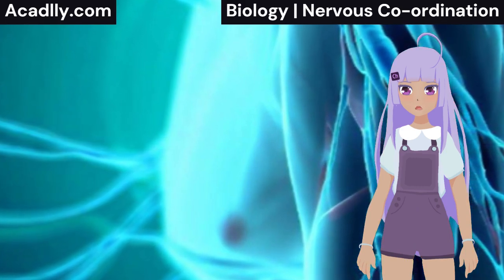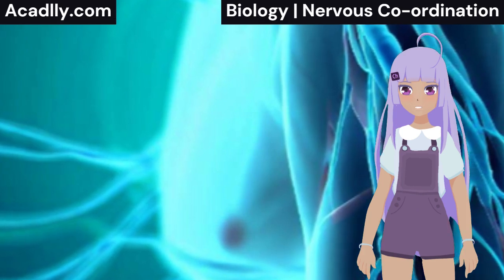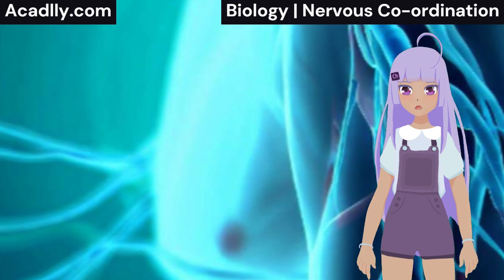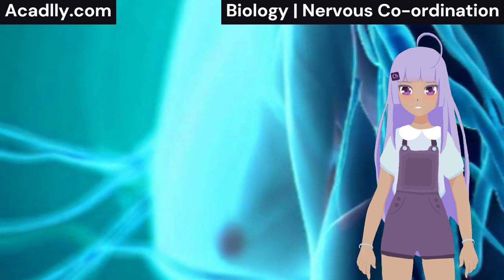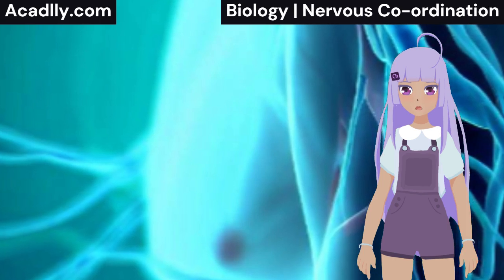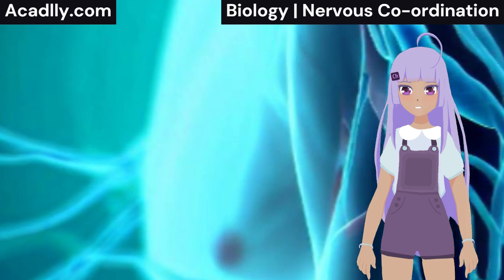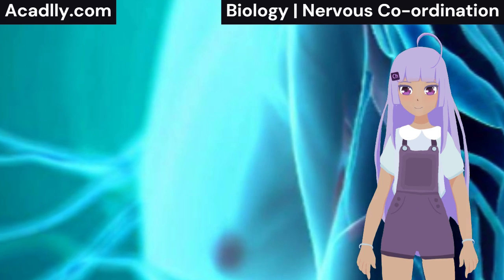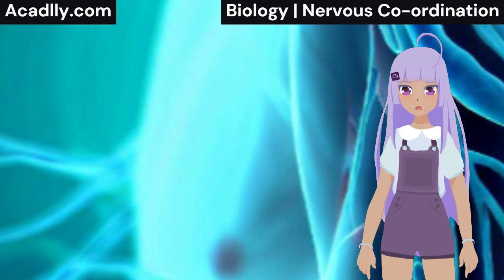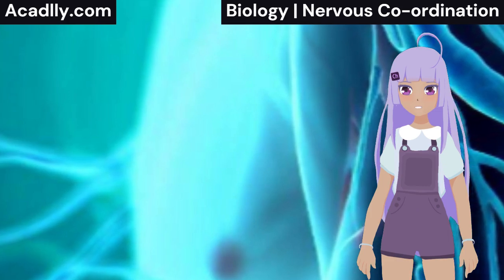The outer layer of the cerebrum, called the cerebral cortex, is highly convoluted to increase surface area. The cerebrum performs various functions, including the control of voluntary actions, reception and processing of sensory information, and the seat of consciousness, memory, learning, intelligence, reasoning, and judgment.